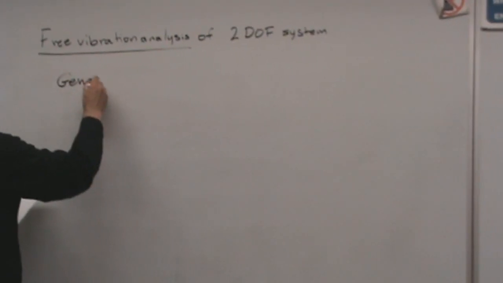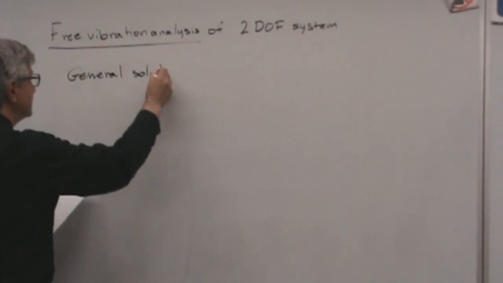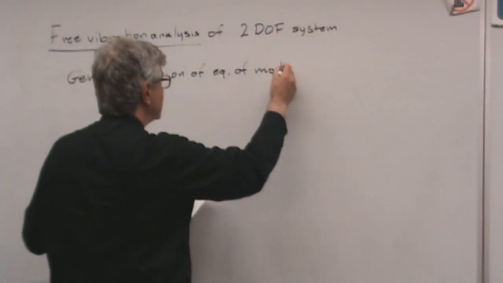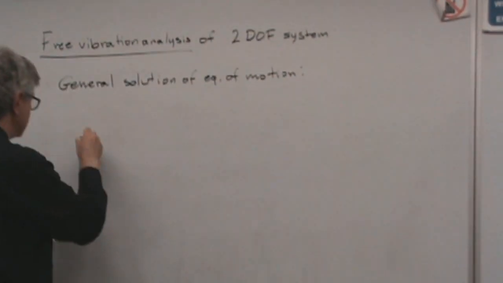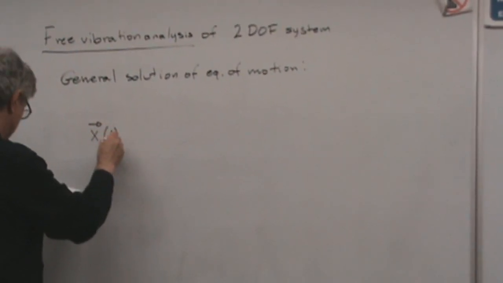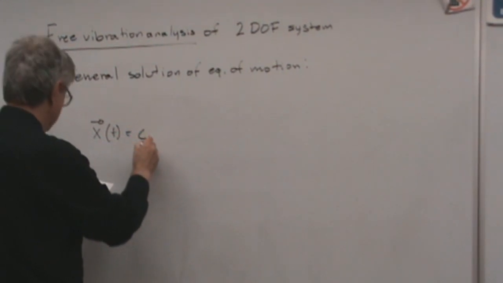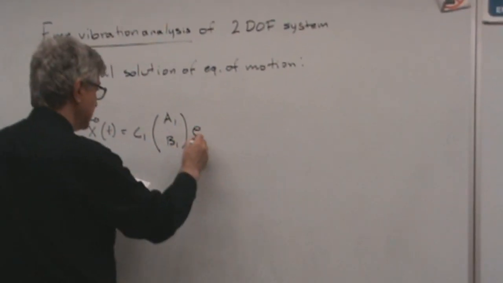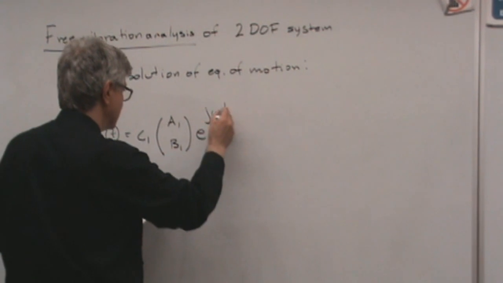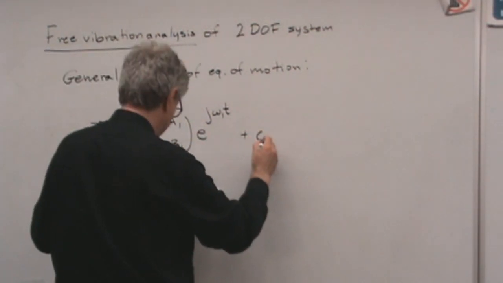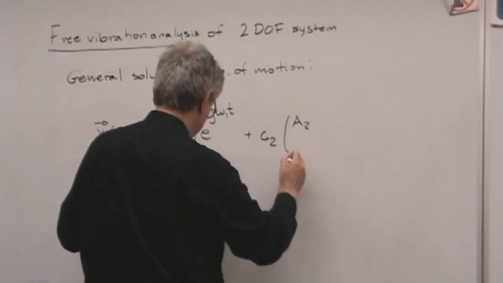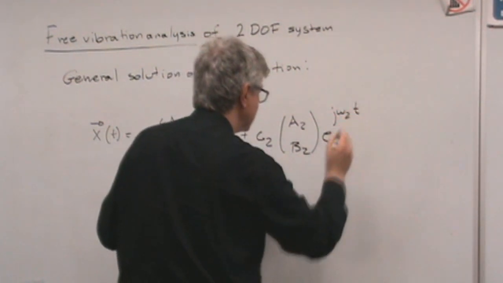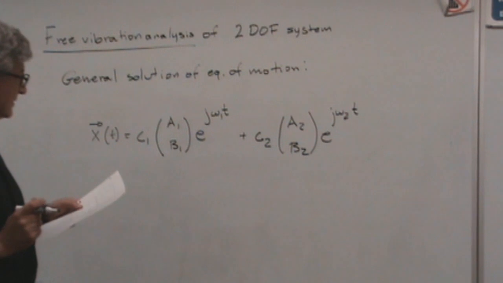The general solution of the equation of motion: the displacement x of t is C1 times the first eigenvector, e to the j omega 1 t, plus C2 times A2, B2, e to the j omega 2 t.